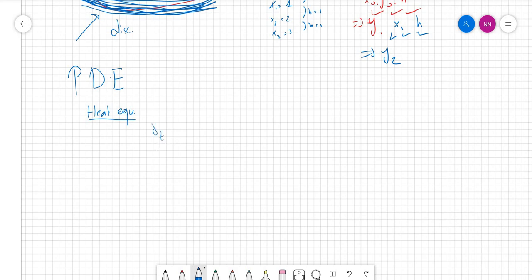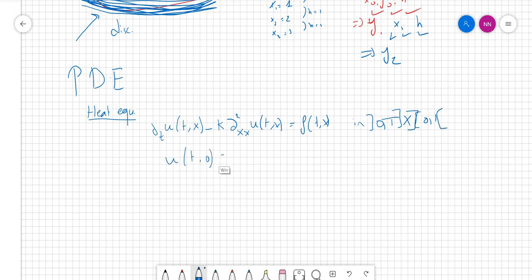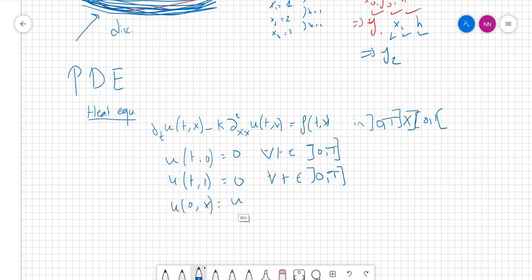It's ∂t u(t,x) minus kappa, which is a constant, ∂xx u(t,x) equals f(t,x) in (0,T) times (0,1), with u(t,0) equals 0 for all t in (0,T), u(t,1) equals 0 for all t in (0,T), and u(0,x) equals u0(x) for all x in (0,1).